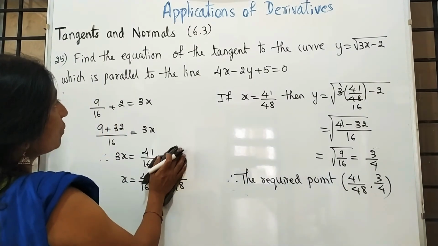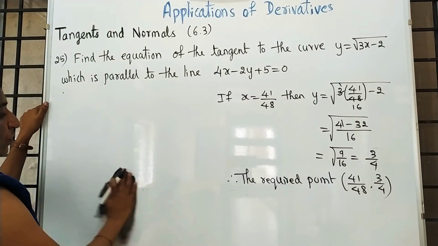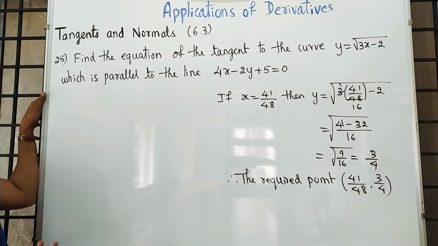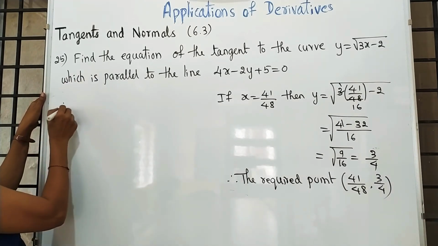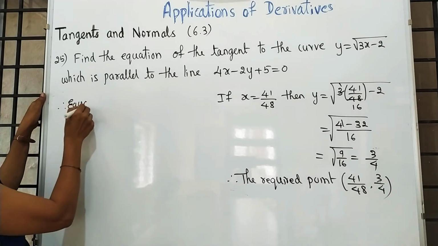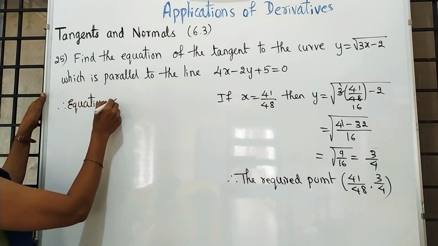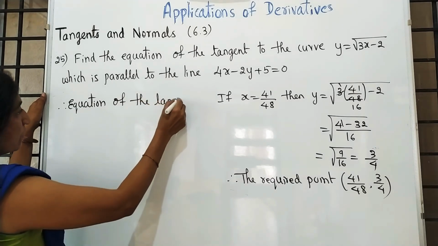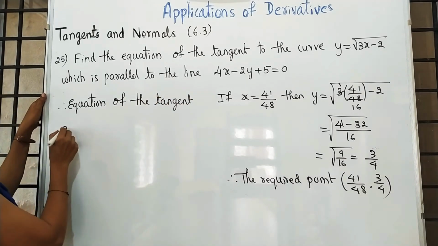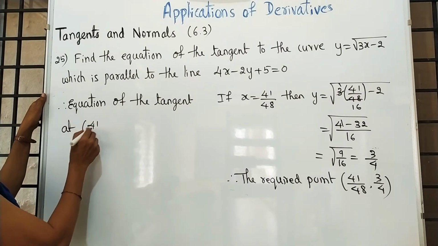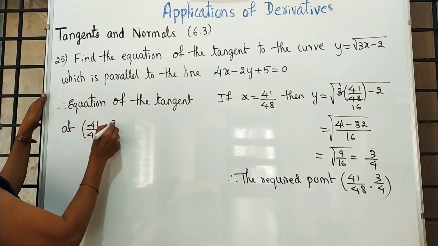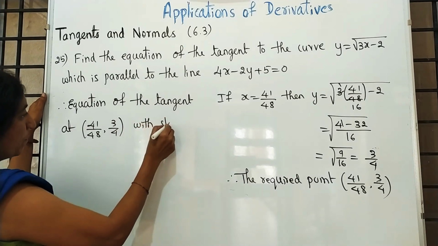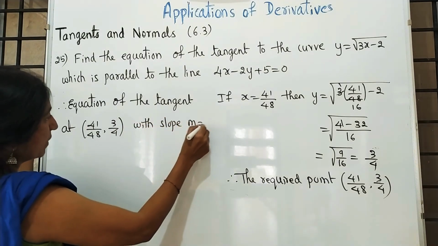Write down the equation of tangent. Now we have to write the equation of tangent. Slope is already we calculated, that is 2. Therefore, equation of the tangent at 41 upon 48 comma 3 by 4 with the slope m is equal to 2.